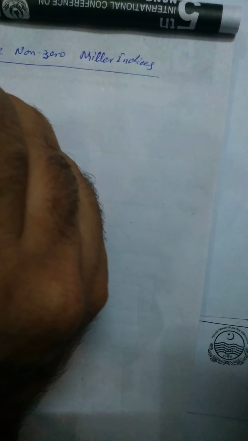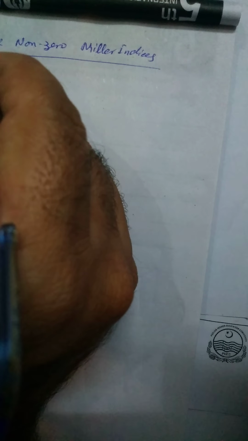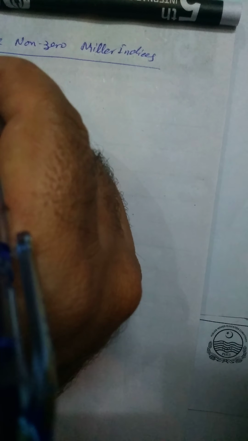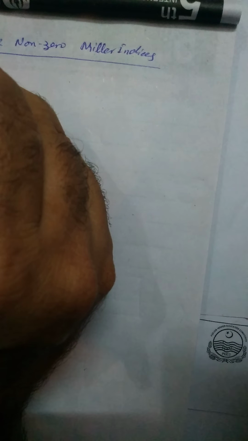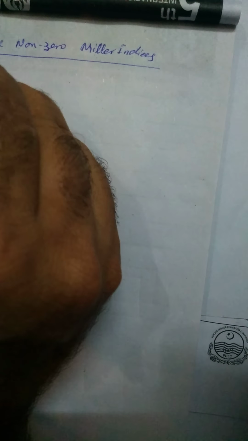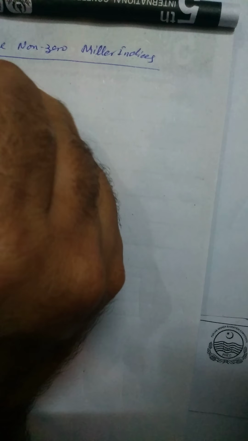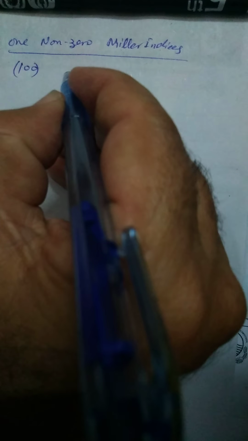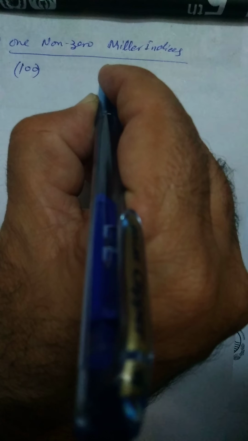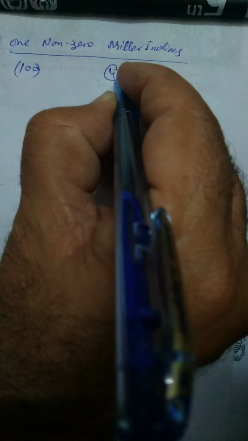If we have one non-zero index, then what will be the trick to draw the plane? Keep in mind, if we have one non-zero index, let's suppose 100, then we have to find 4 possible origins, and as a consequence we will find 4 points.